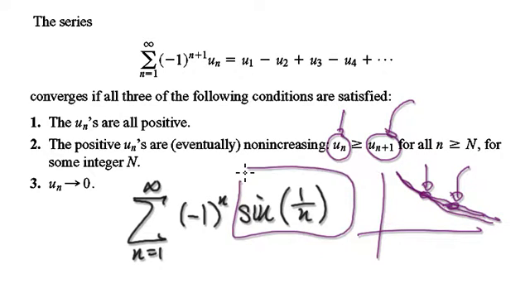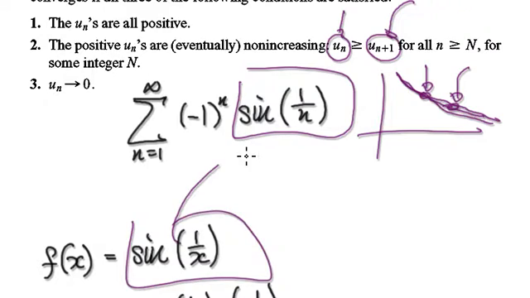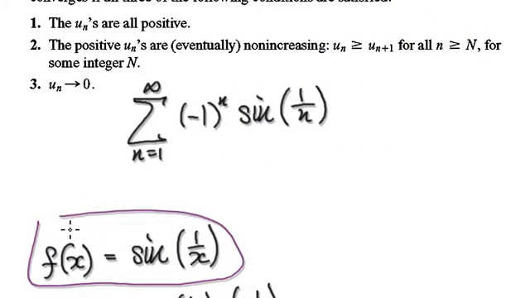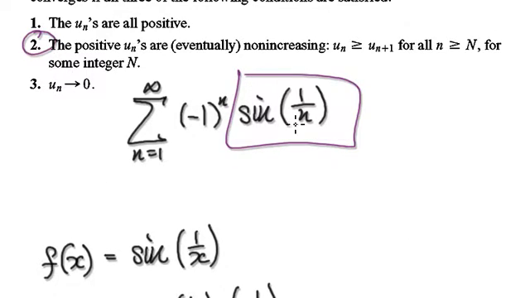To make sure it's going downhill, you map a function on top of this and then differentiate the function. If the derivative is always negative, then you know the function itself is going downhill. So to determine number 2, we need to determine if this is going downhill.